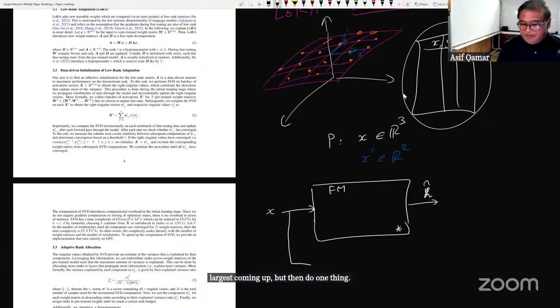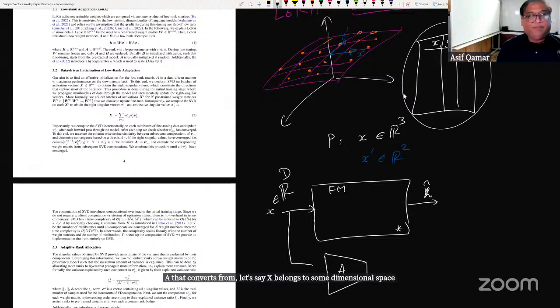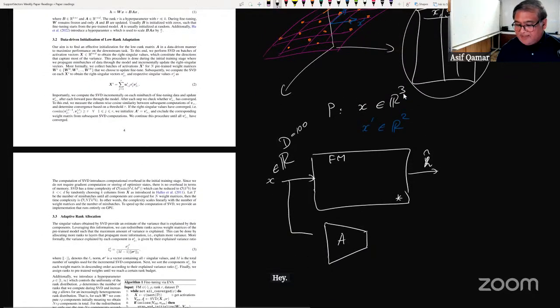But then do one thing. The same input, pass it to two matrices. A converts from, let's say, X belonging to some dimensional space D. For the sake of argument, let's say D is equal to 100, right? Take a matrix A that is 100 cross R. Let's say R is equal to 3.